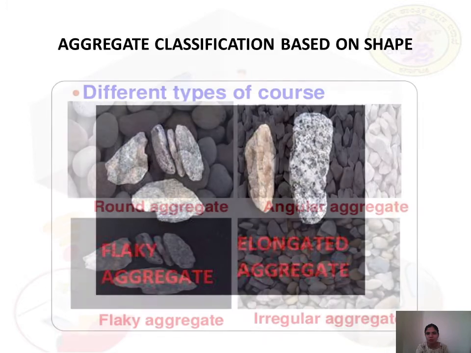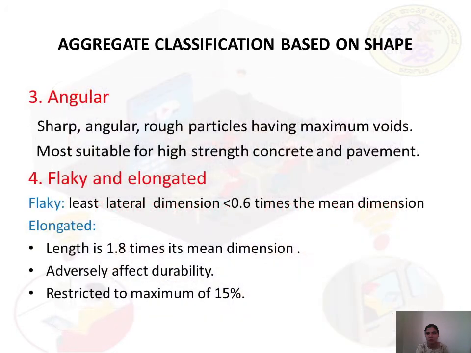Both of these flaky and elongated aggregates adversely affect the durability of concrete. That means the presence of flaky and elongated aggregate in concrete affects the durability. So the use of flaky and elongated aggregate is restricted to a maximum of 15%.